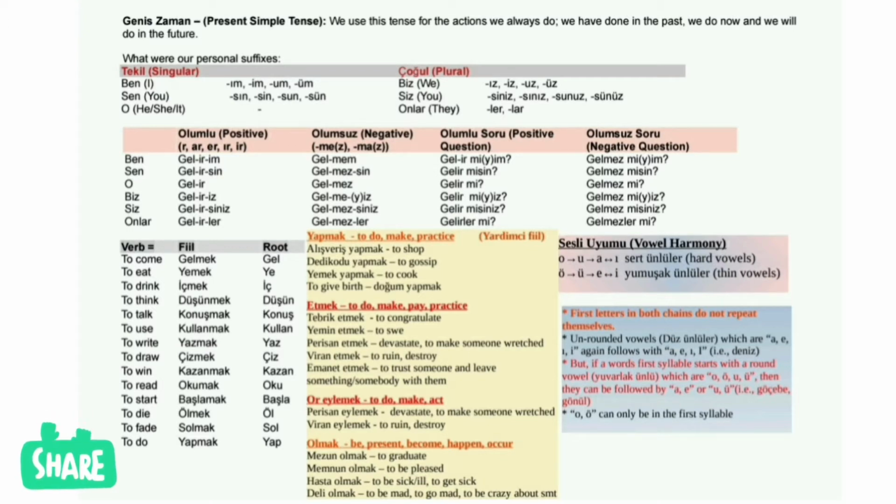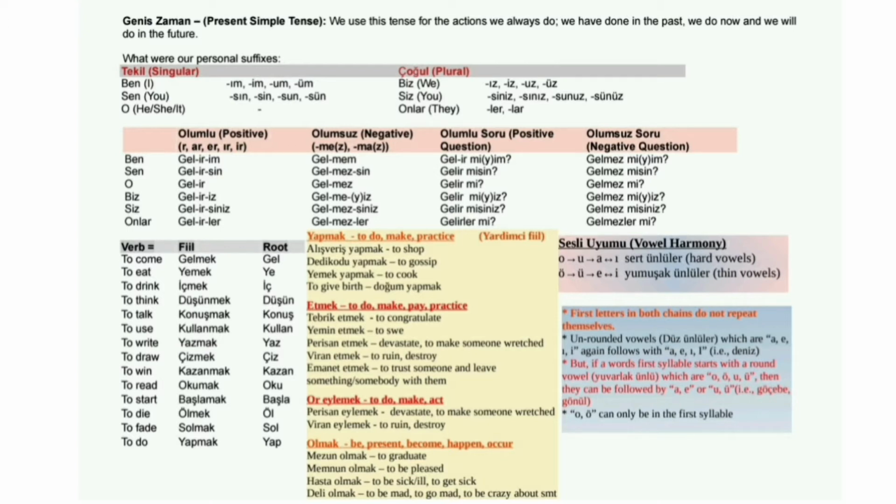As you can see, I've got our personal suffixes and vowel harmony as a guideline on this page for you. Let's remember our personal suffixes. Let's start with ben. For ben, we use im.